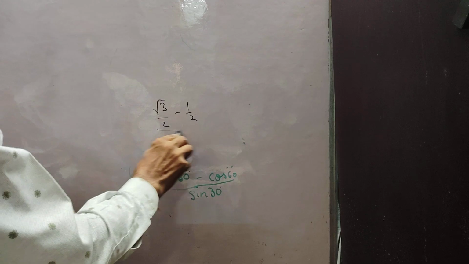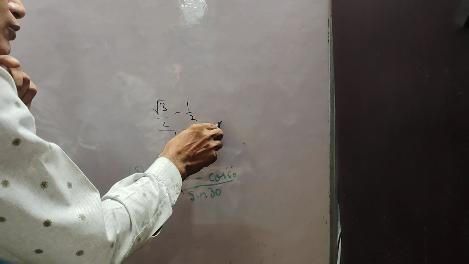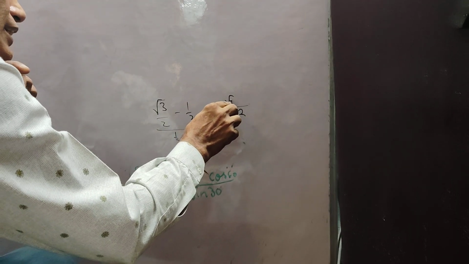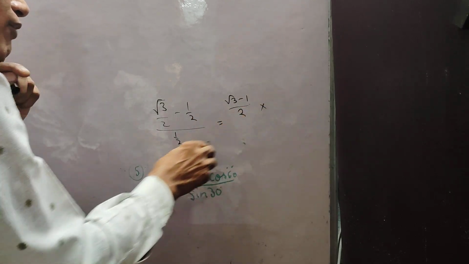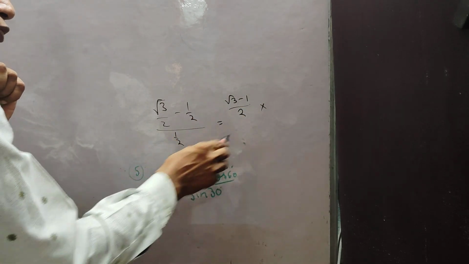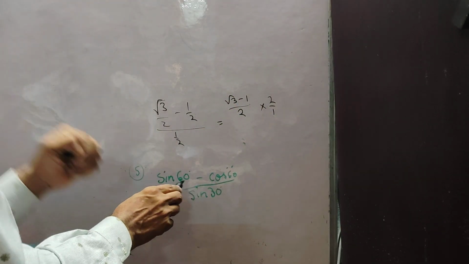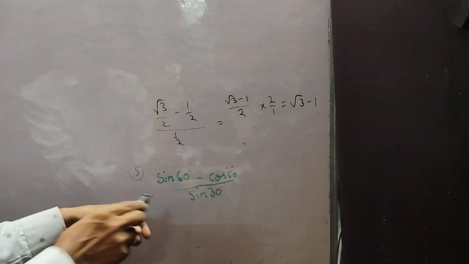And sine 30 is half. Now first we solve the numerator. So we take LCM 2. So square root 3 minus 1 is numerator. And we flip this denominator. 1 by 2 becomes 2 by 1 after flip. So 2 from numerator, 2 from denominator cancels. So answer is square root 3 minus 1. This is the final answer.